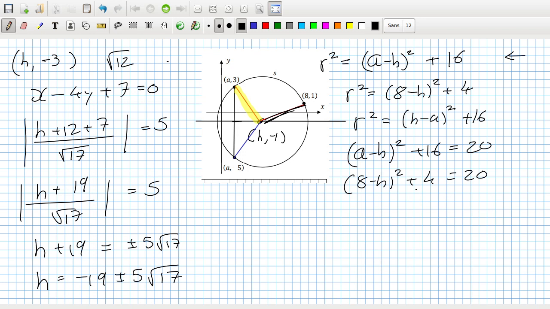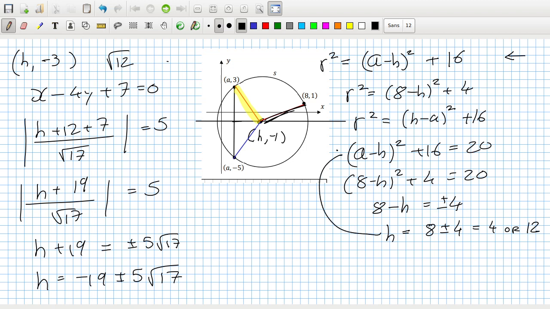So that should give me the h. 8 minus h squared is 16, square root is 4, plus or minus 4. So h equals 8 plus or minus 4. So it could be 4 or 12.